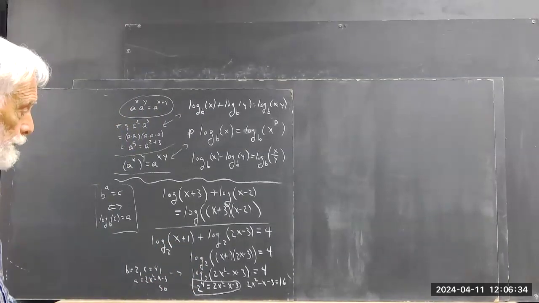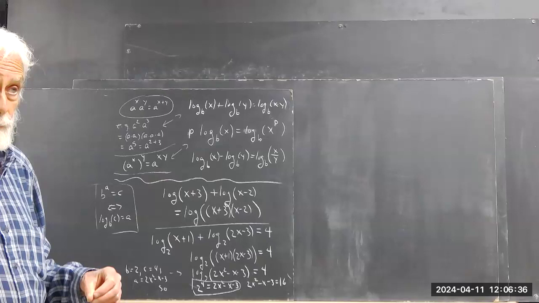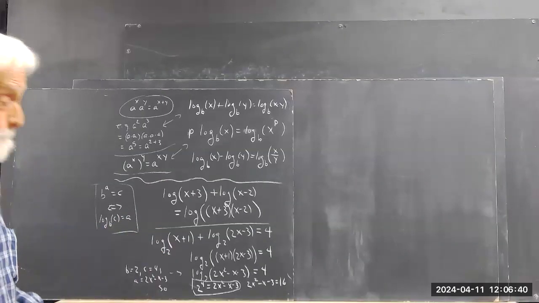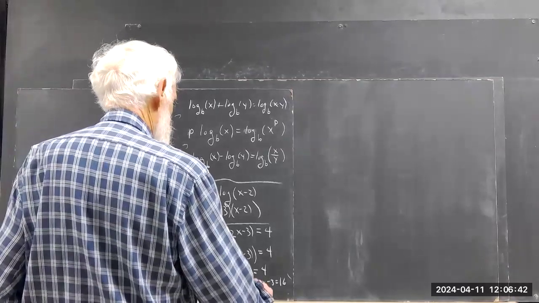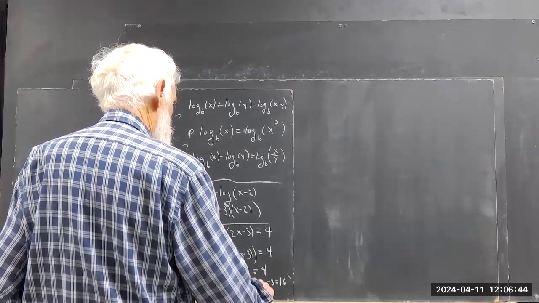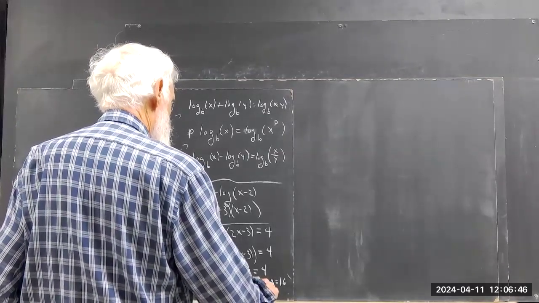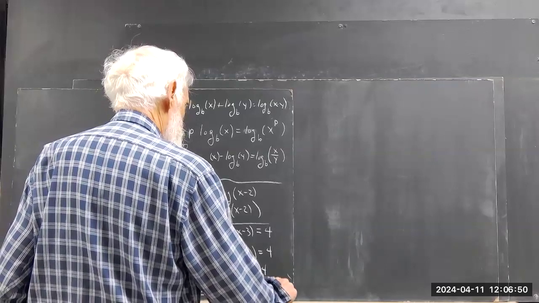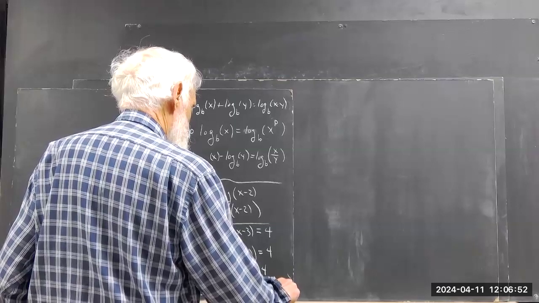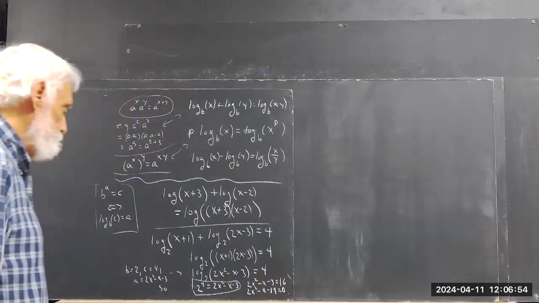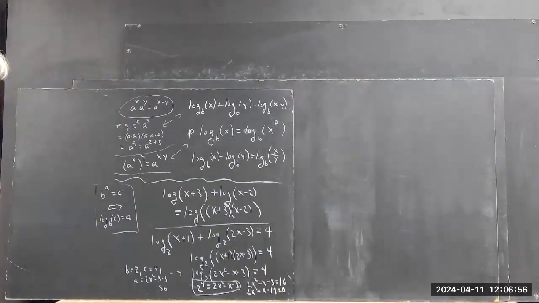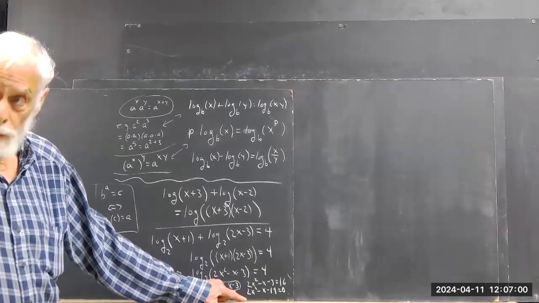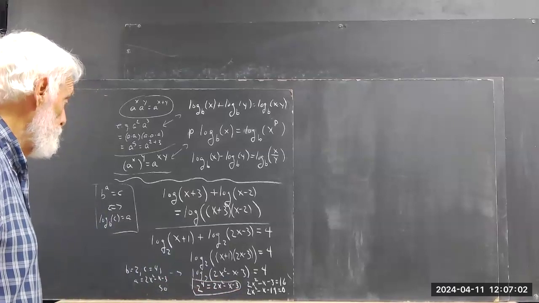You're going to probably need to solve this using the quadratic formula. Okay, so I can write this out. This is 2x squared minus x minus 19 equals 0. And from this point, you use the quadratic formula.